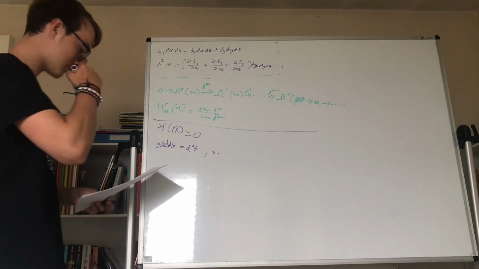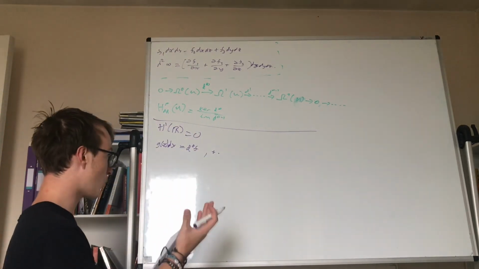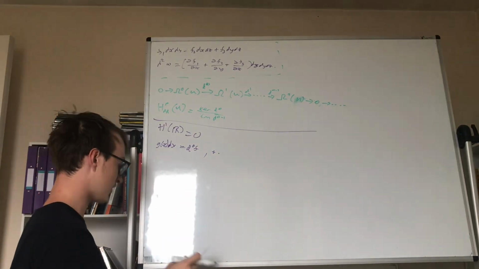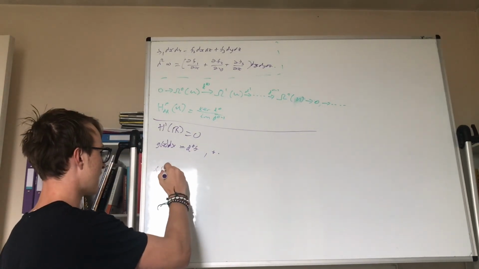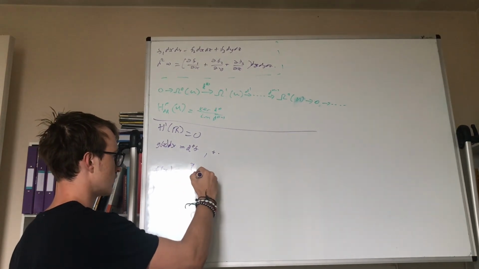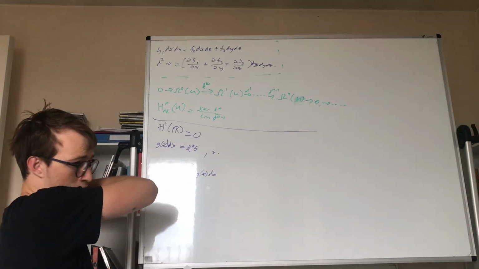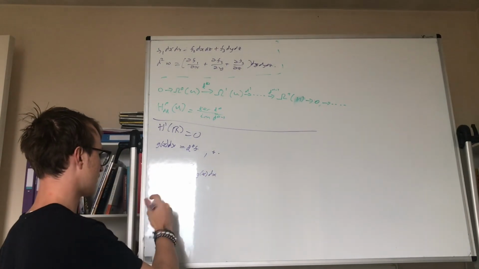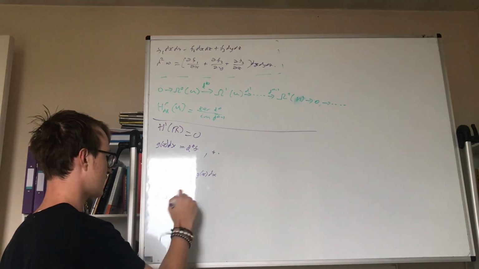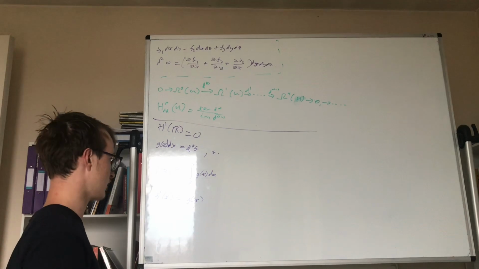Every 1-form, g of x dx, is of the form d0 of f. If we say that f of x is equal to the integral from 0 to x of g, then the derivative of f of x is equal to g of x by the fundamental theorem of calculus.